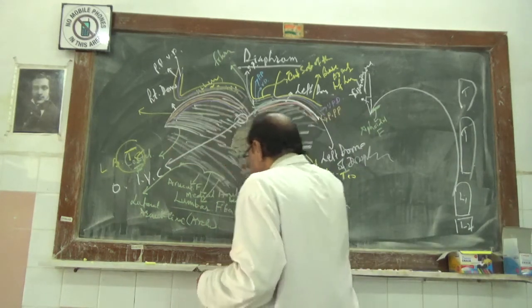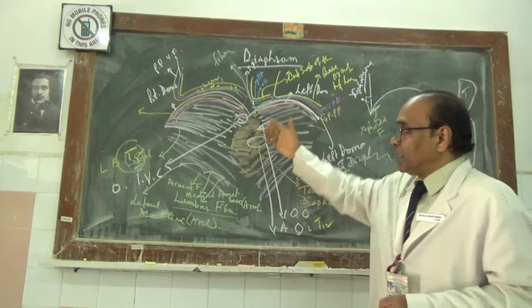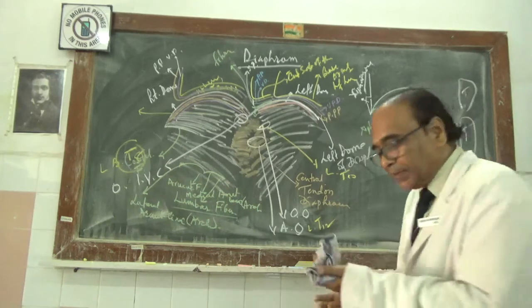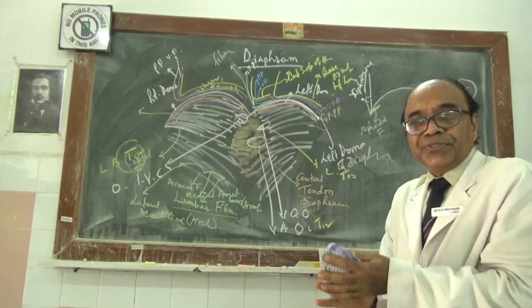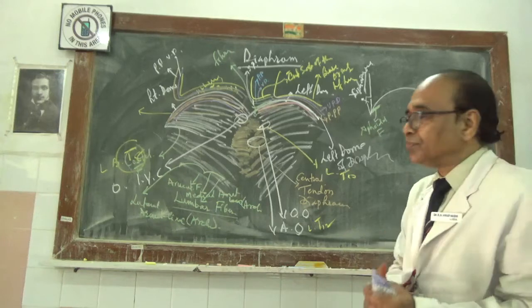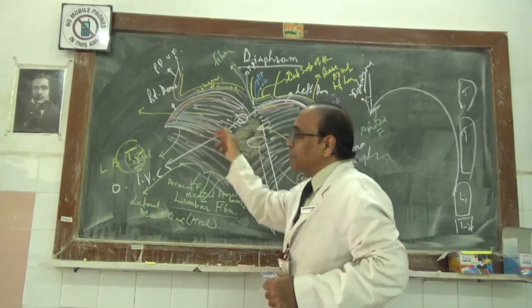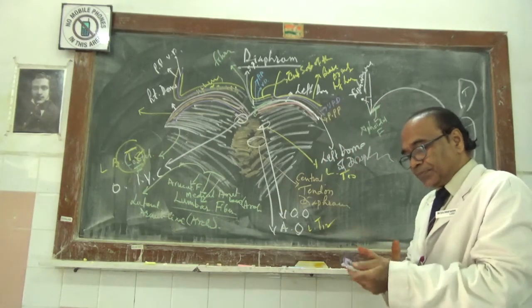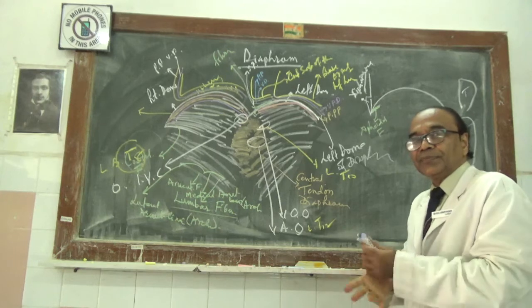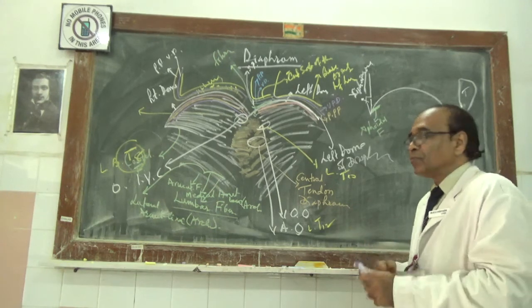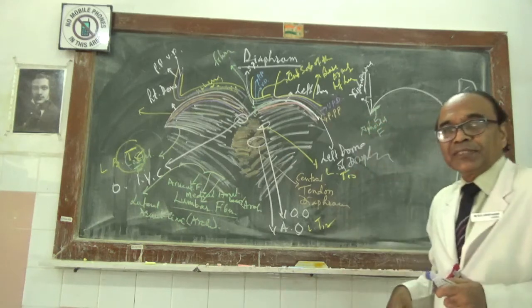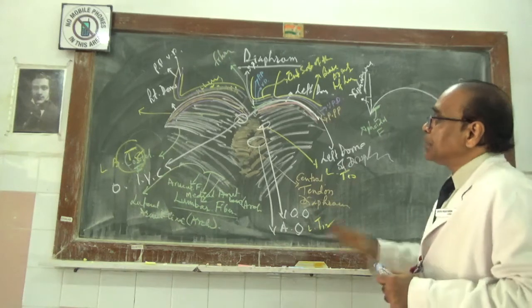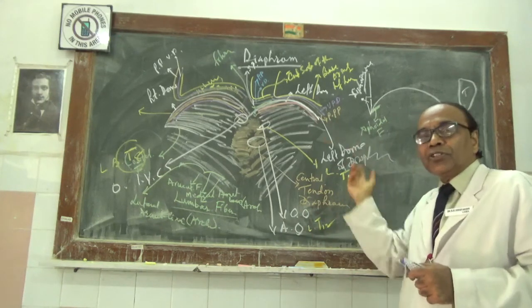Now, what is the blood supply for the diaphragm? Blood supply for the diaphragm is by the phrenic arteries, superior phrenic and inferior phrenic. The inferior phrenic arteries are branches of the abdominal aorta, one on the right side and one on the left; they are pairs. Now the venous drainage, corresponding veins.